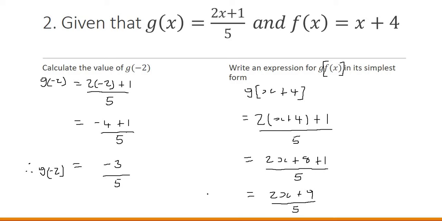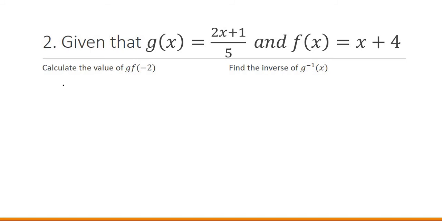So therefore, g of f of x is equal to (2x plus 9) over 5. Now to part C, calculate the value of g of f of negative 2.